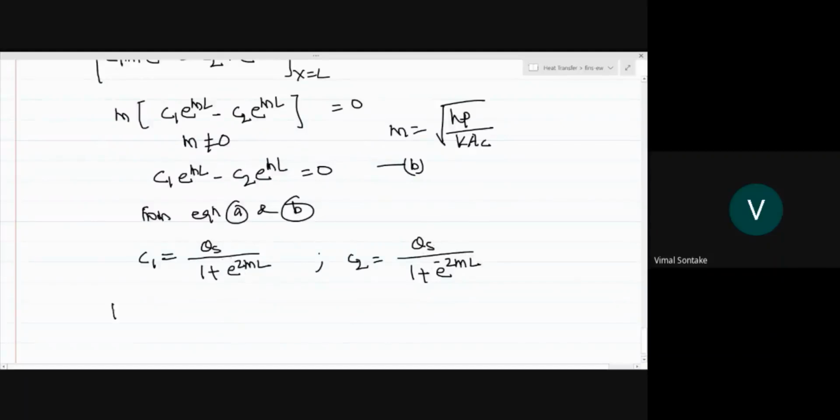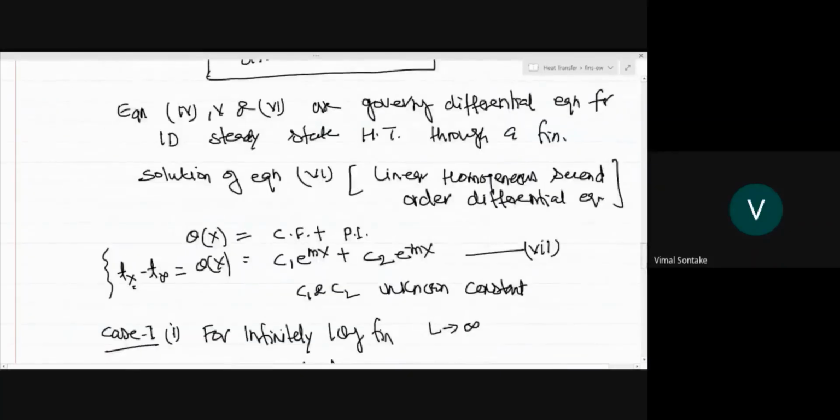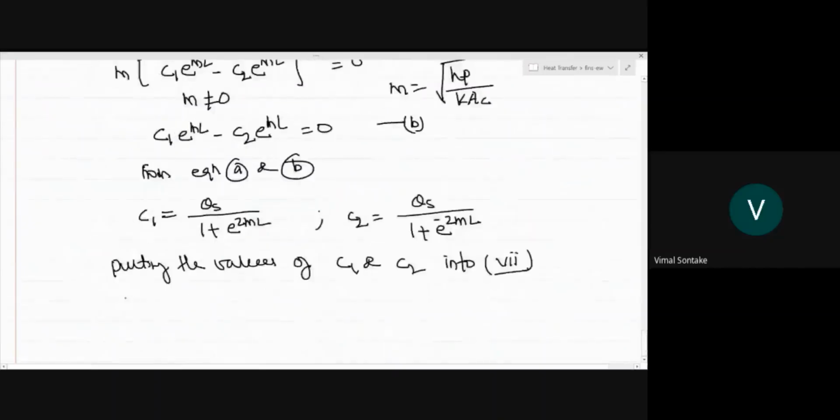Now, putting the values of constants C1 and C2 into equation 7. What is that equation 7? Once again, it is nothing but this. Theta x is equal to C1 e to power mx plus C2 e to power minus mx. What will I get? I will get the excess temperature at any distance x from the base surface.